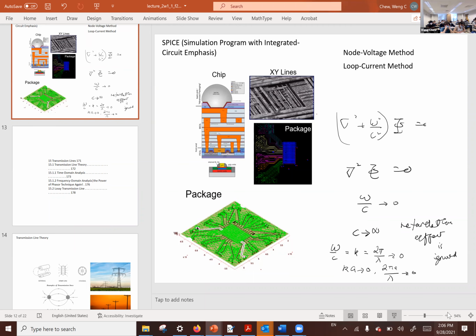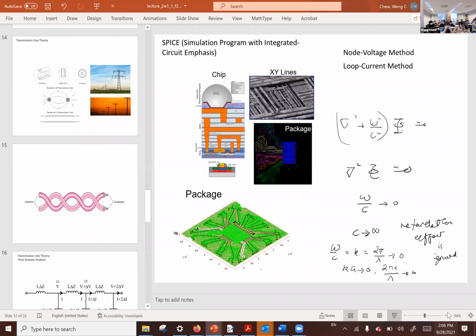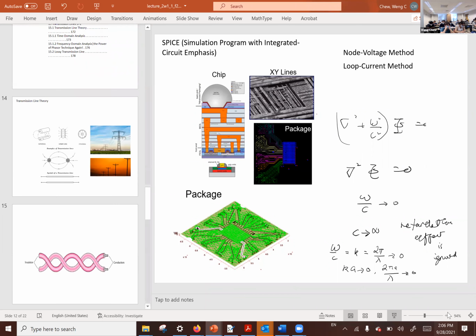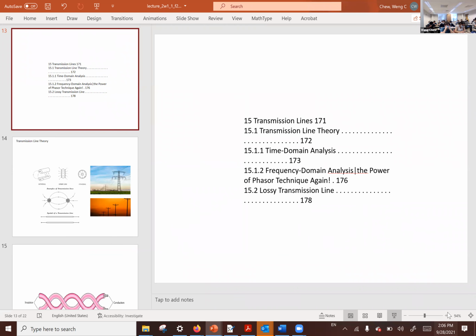Any more questions? If not, I'd like to move on to transmission line theory, which is also very important. You can think of transmission line theory as a form of Maxwell's equations. Maxwell's equations are too complicated to solve directly.